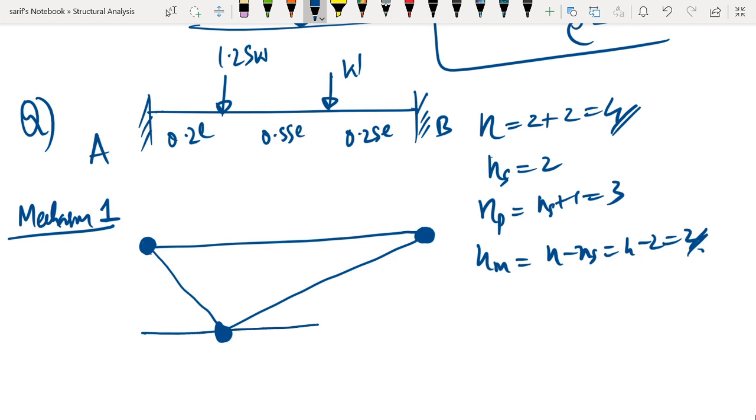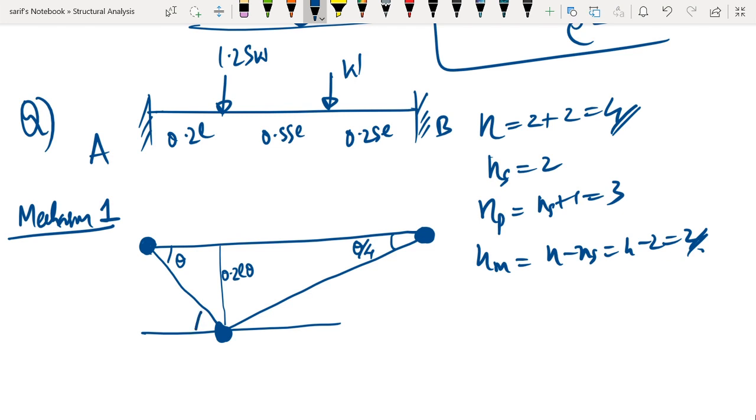Now if you take this value as theta, then this would be 0.2 L into theta, and then we are going to have theta divided by 4 here, since the remaining is 0.8 L. So 0.2 L theta divided by 0.8 L is going to be theta divided by 4 here, that is 0.25 theta.